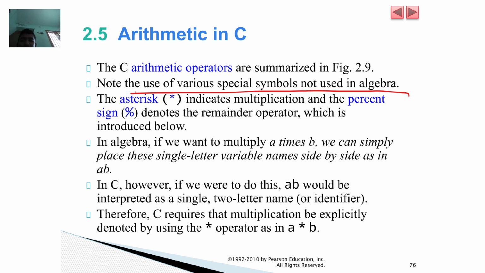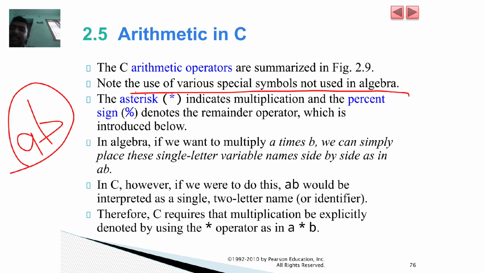So here the asterisk means multiplication, and the percent sign denotes the remainder operator, which is introduced below. In algebra, if you want to multiply A and B, don't write it like A, B. It will not multiply. If you have declared A, B, it will be treated as variables, and if you keep a comma, it will throw an error, because you have not specified a particular operator. If I write A * B, there is a meaning: the value of A is multiplied with the value of B.